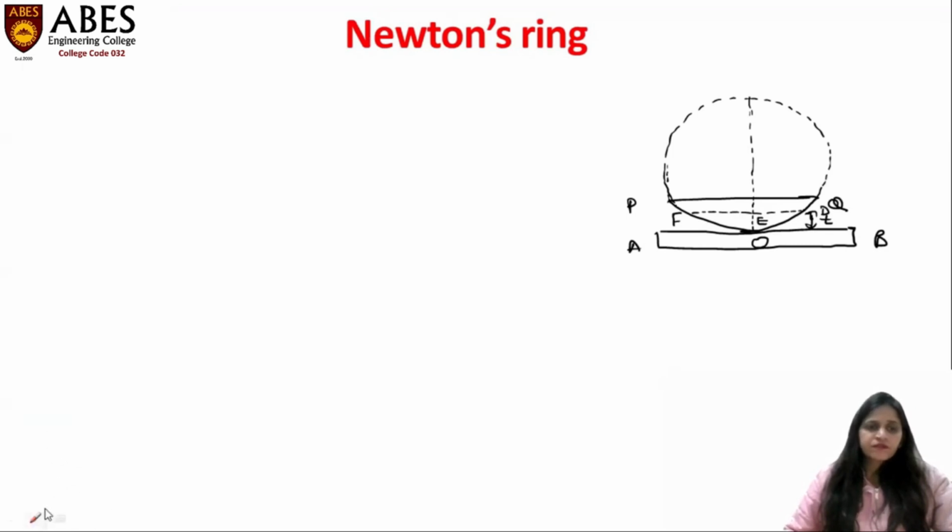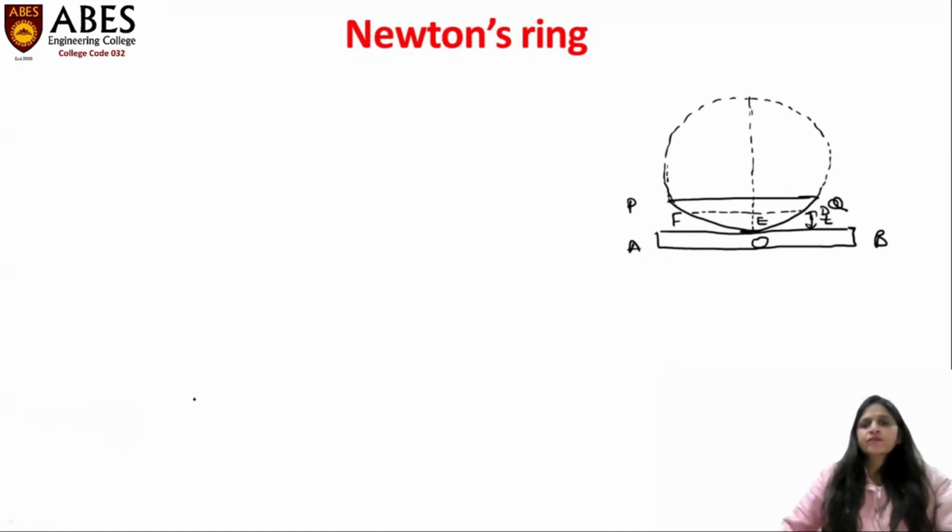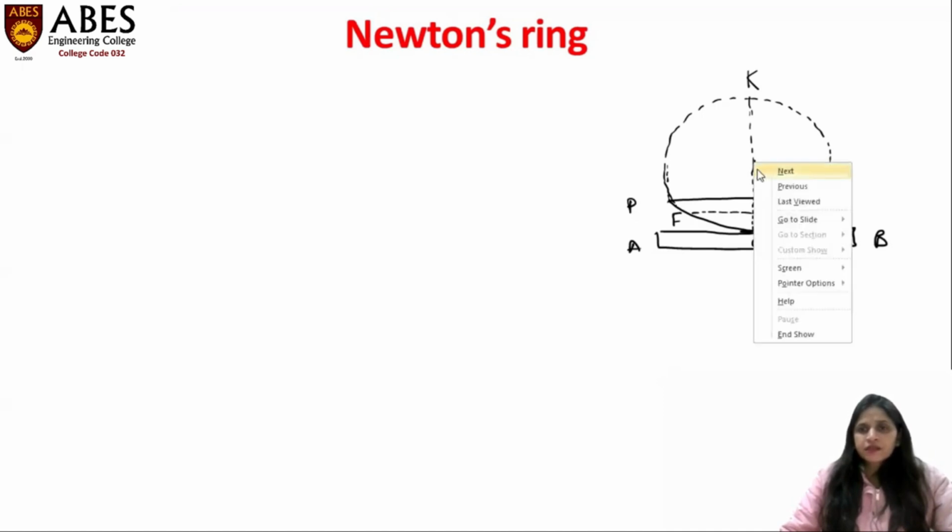Fine. So mark this, and suppose over here it is K. Okay, so now if we see this is a circle, so the center of the circle will be somewhere here, right?